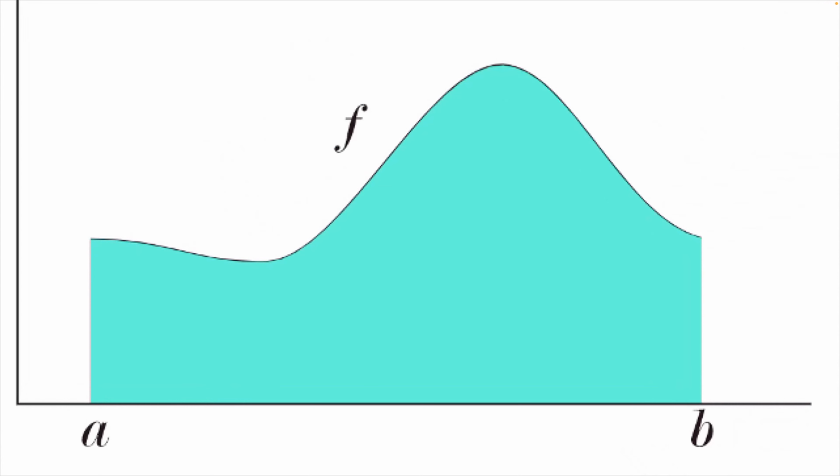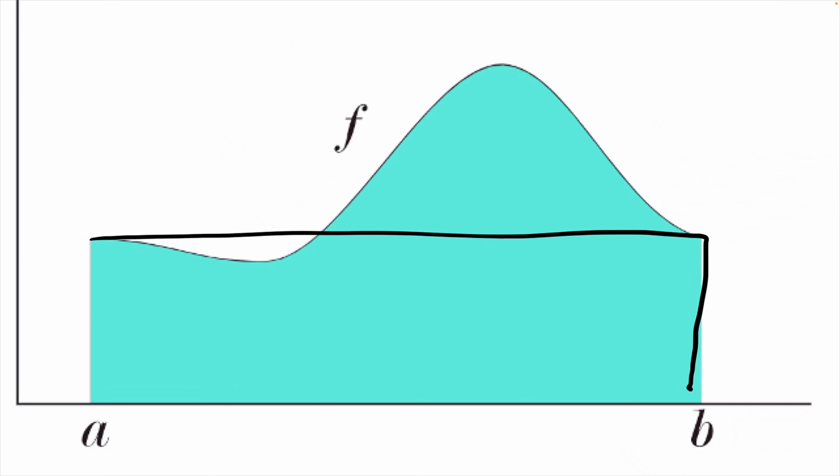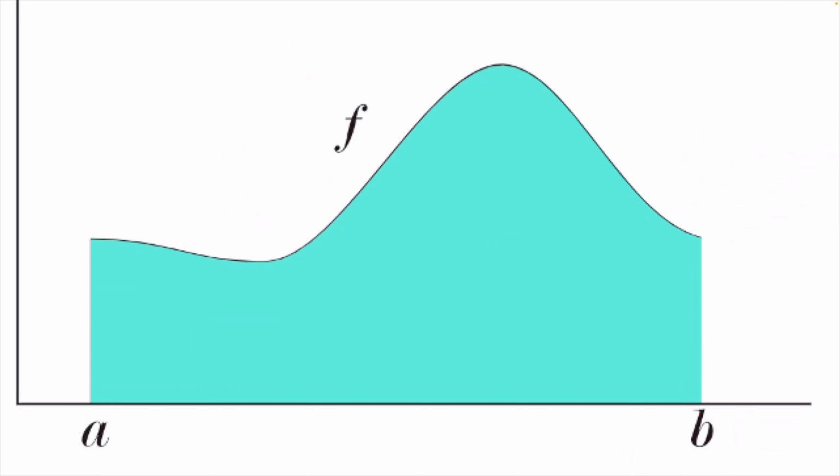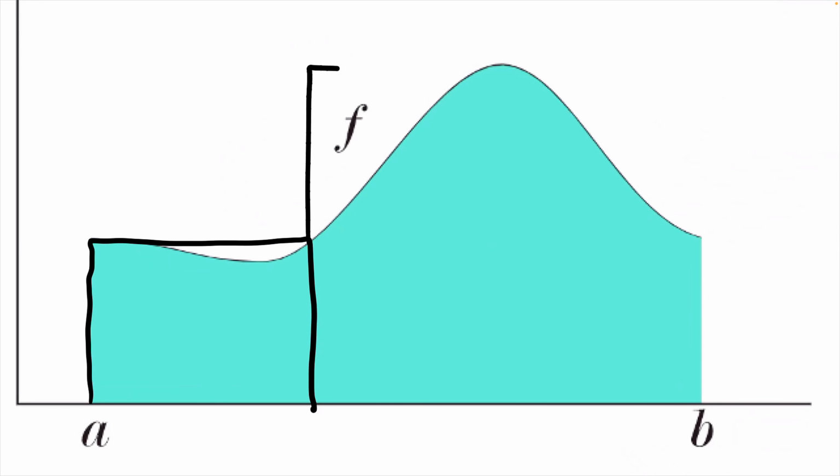Like 1 rectangle wouldn't work, right? Because it would need like, that could be a rectangle, right? But that's not going to even come close, right? Because there's parts that I'm going to count that don't count, and I'm not even going to count that, right? If I did 2, I could do something like this.